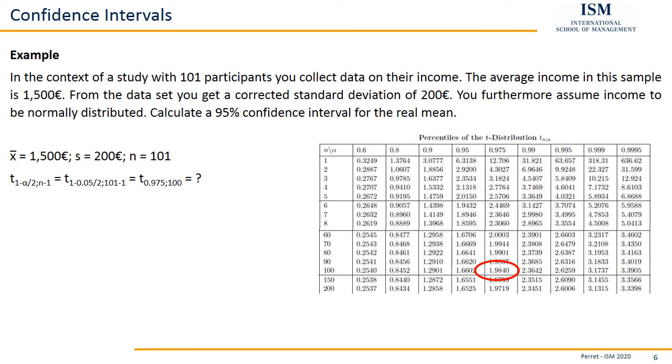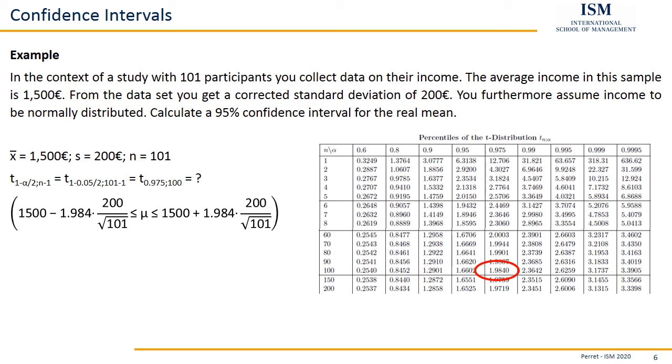So that's actually the value we're looking for and which we are going to use in our formula. So then this looks here as follows. And well, I changed the 100 participants to 101 to directly find the value in the table.